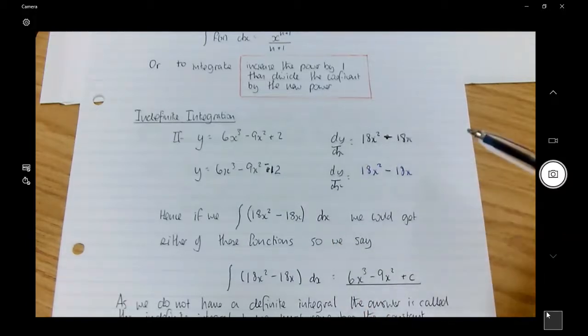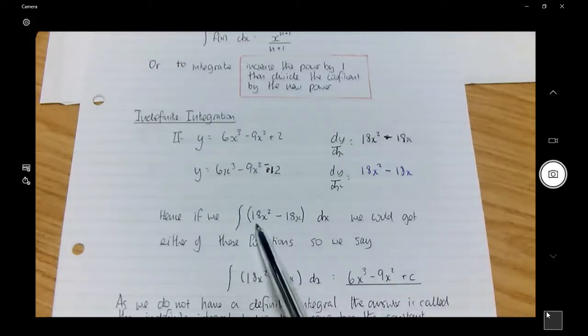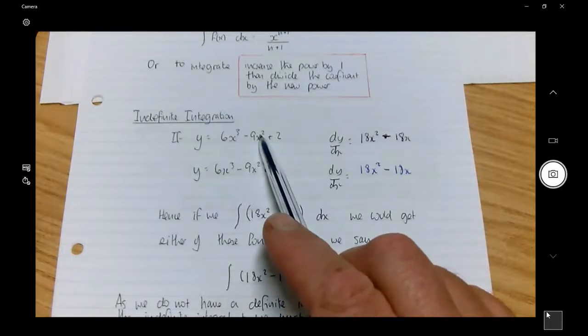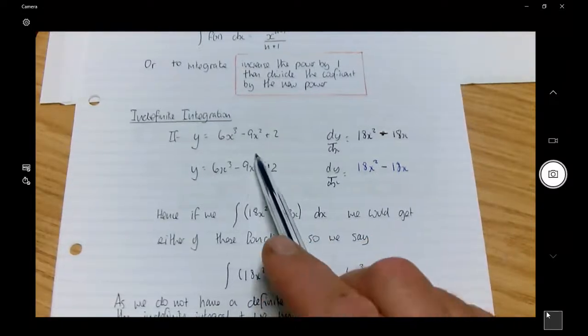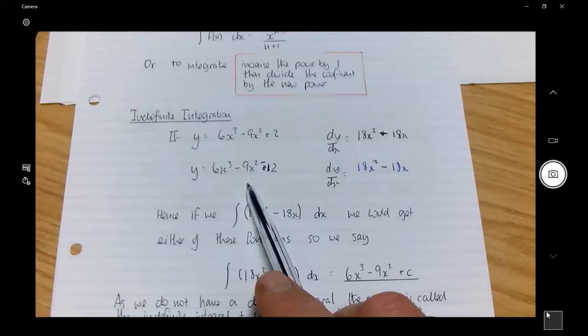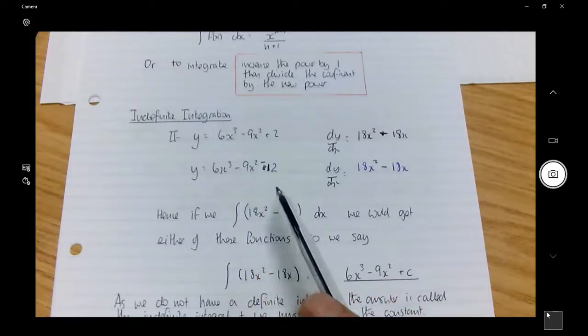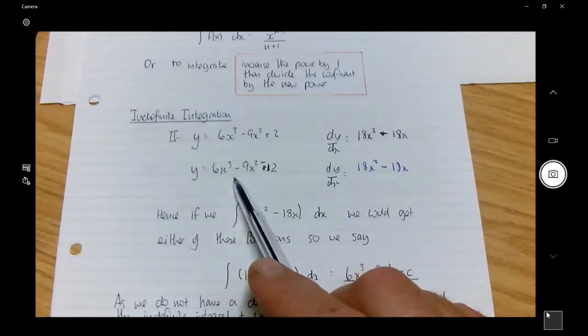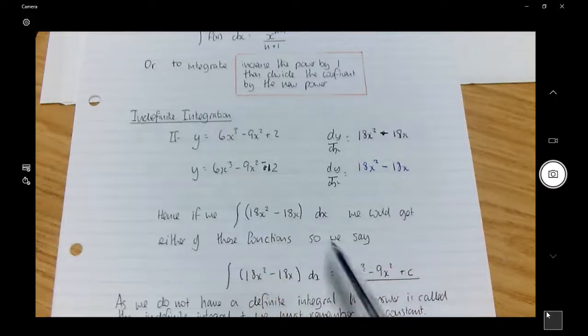Now, if integration undoes differentiation, the integral of that could be that or that. We don't know which one it would be. In fact, it is 6x cubed minus 9x squared plus or minus anything at all, depending on what we got.